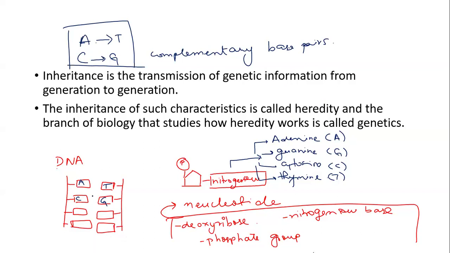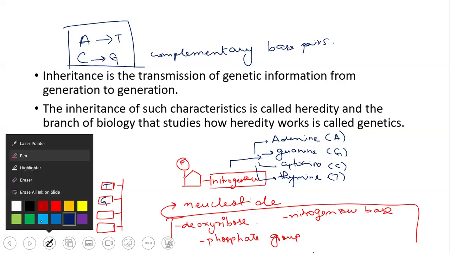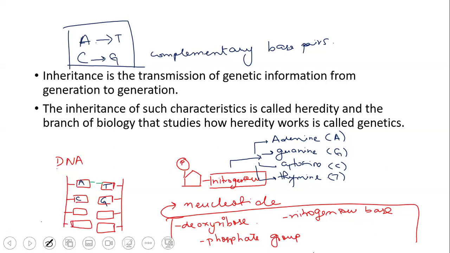Then, when we talk about adenine and thymine and even cytosine and guanine, remember, the bond that forms between these nitrogenous base pairs is a hydrogen bond.